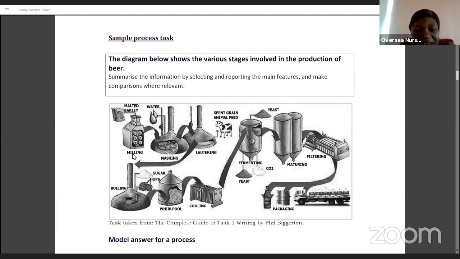It is 11. Who will list the 11 steps for me? Tower, how many steps?